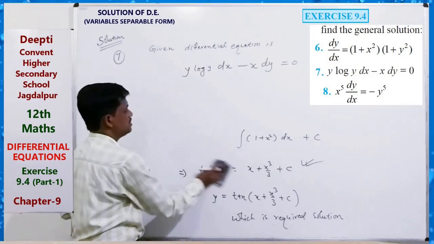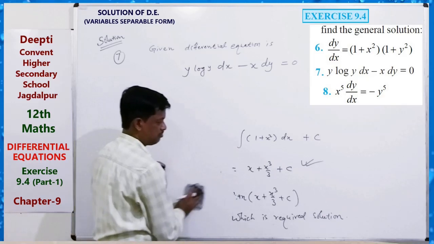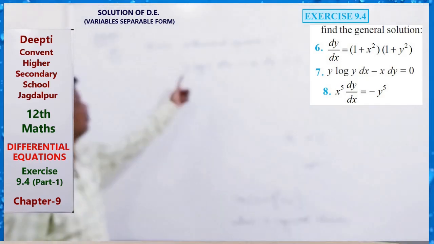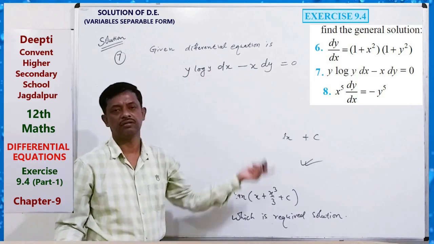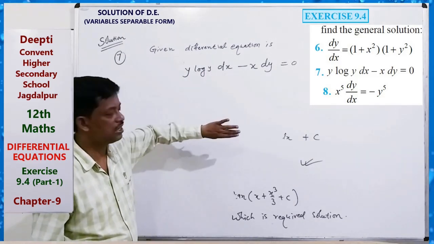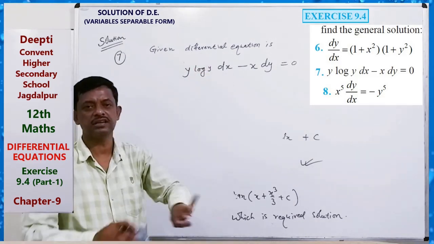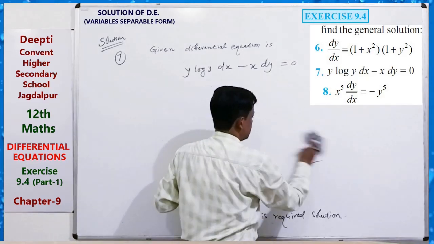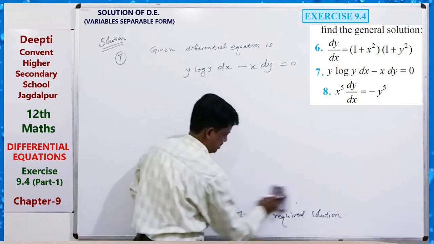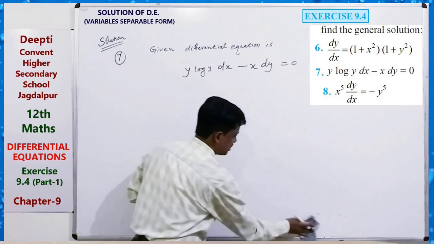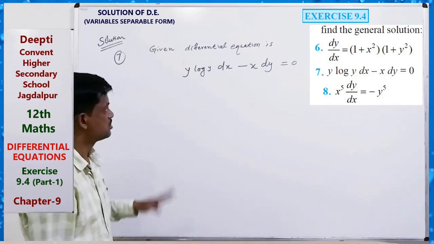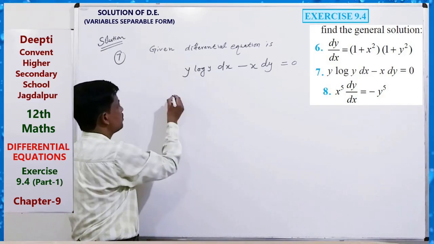It is also in separable form, because if we write dy by dx, it is y log y upon x. The function related to y and the function related to x are separated as a multiplication. All the questions in this exercise are of separable form, so here we have to separate it.